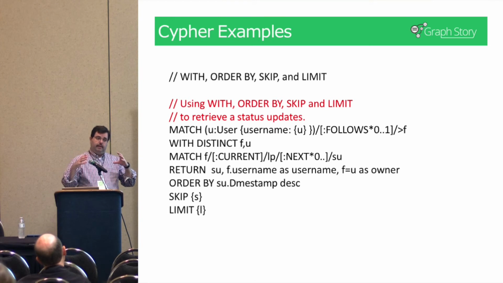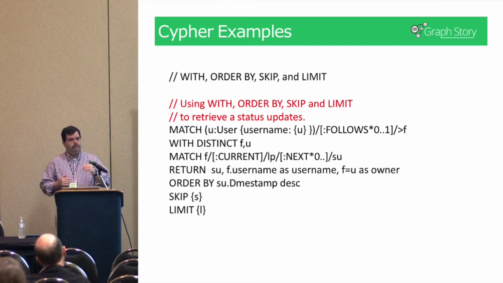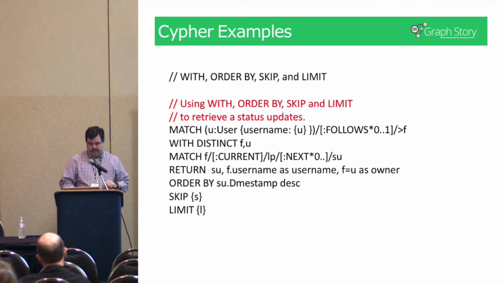So if you wanted to get a certain portion of the graph and then start to split it out, you can use with to do that. So essentially you're passing part of the graph into the next piece of the query. You can think of it kind of like a subquery where you do a where statement inside of a where statement.